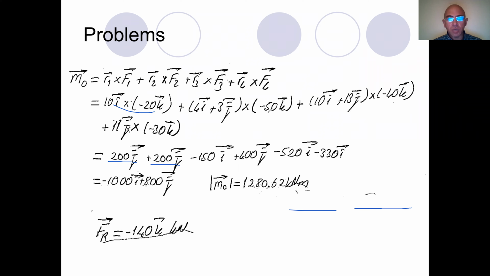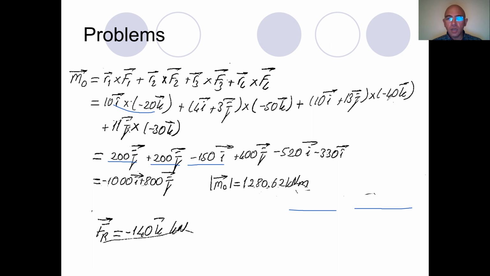3j multiplied by minus 50k, so again I put my elbow on the y-axis and curl my fingers towards the z-axis, and my thumb shows me the positive x-axis. As a result, 3 multiplied by 50 is 150, and I have another minus sign here, so it is minus 150i vector.